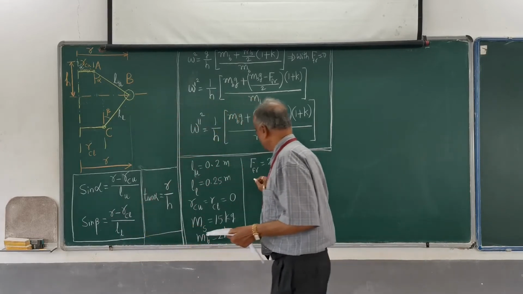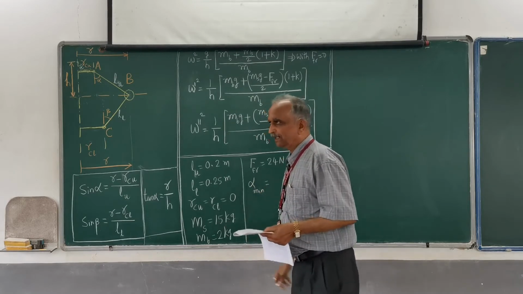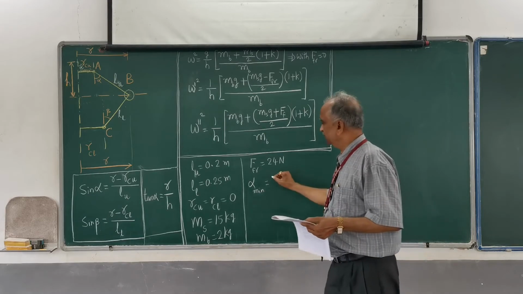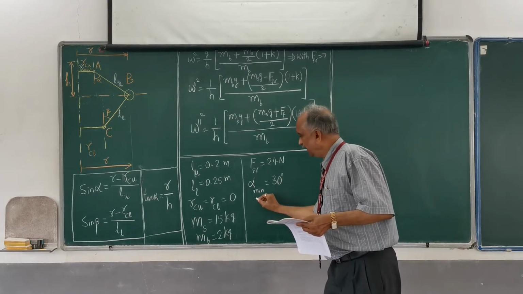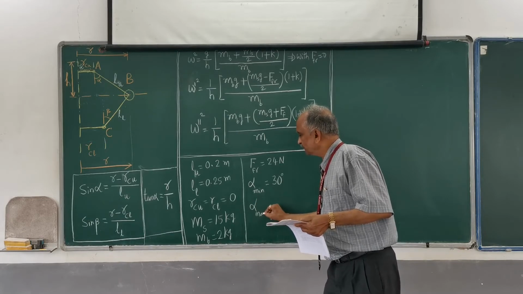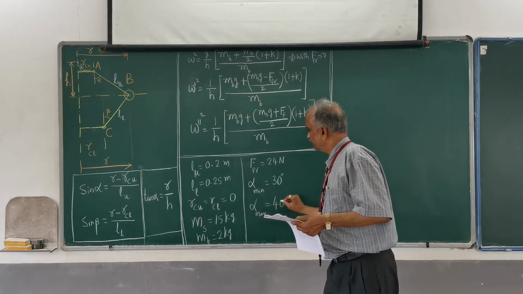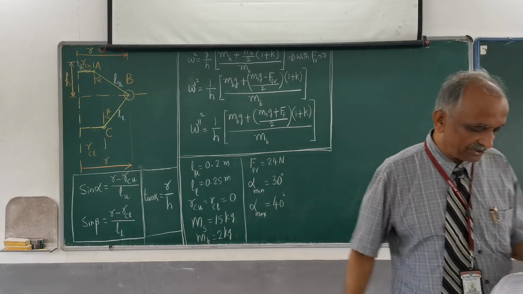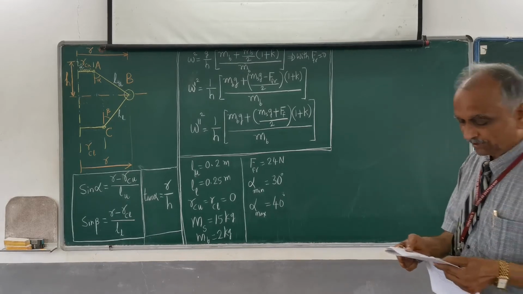Therefore, this 30 degrees is alpha minimum. The angle alpha corresponding to the lowest position of the sleeve is 30 degrees. Alpha minimum is 30 degrees and alpha maximum is 40 degrees. These are the values of the limiting inclination of the upper arm with the vertical.